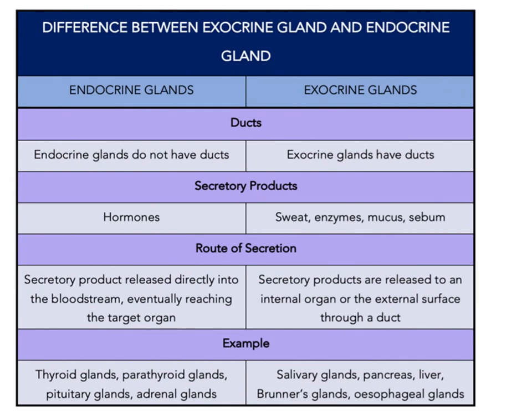First of all, we can look into the difference between exocrine and endocrine glands. The glandular cells we have classified into two: one is endocrine gland, another one is exocrine gland. Some basic differences are there between these two. First point, about the ducts. What do we mean by duct?